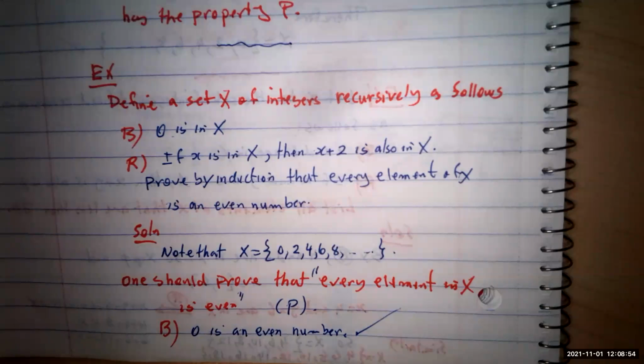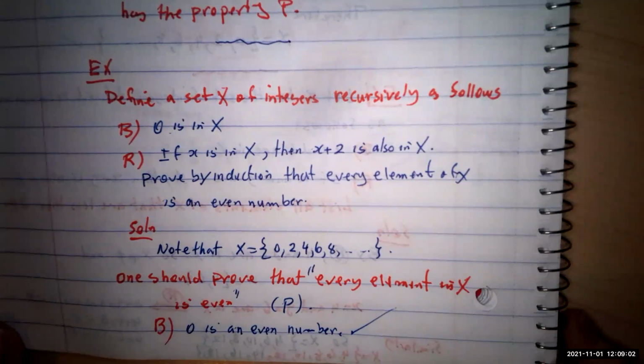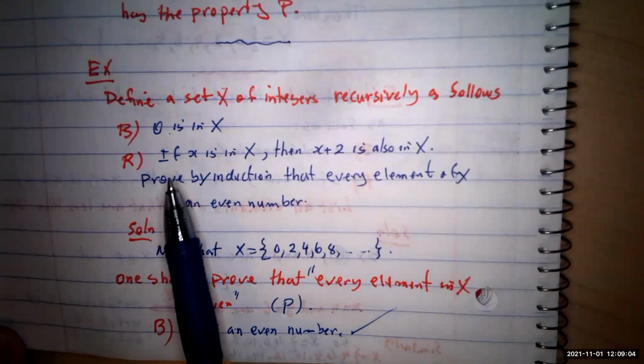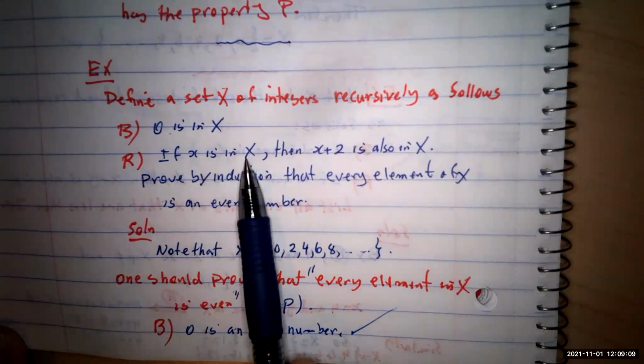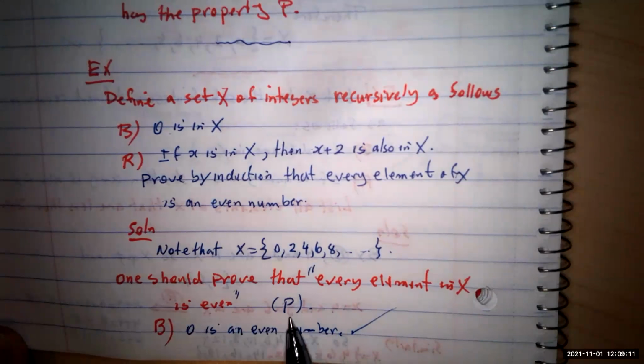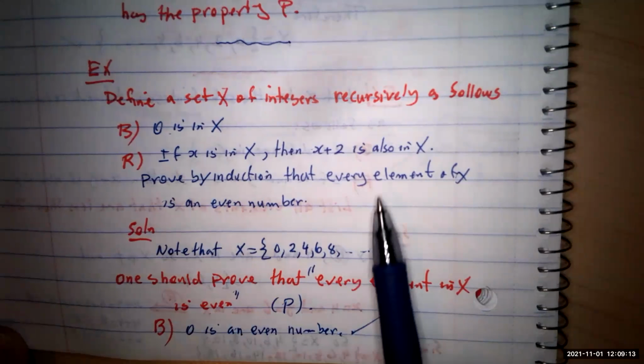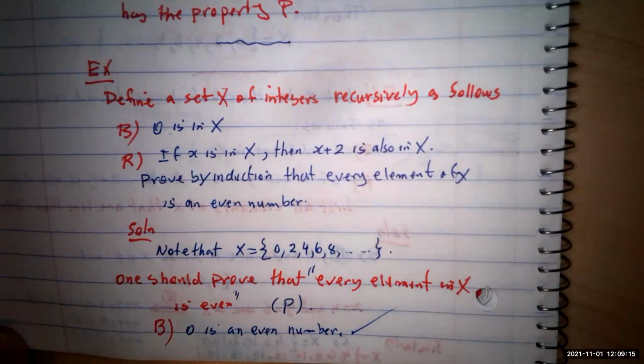You have to show that the basic element of the set has the property P. Done. Any question? Inductive part: you assume one parent, x in X, has the property P, and you show that his child has the same property, and you're done. You remember, you assume P(k) and you prove P(k plus 1).